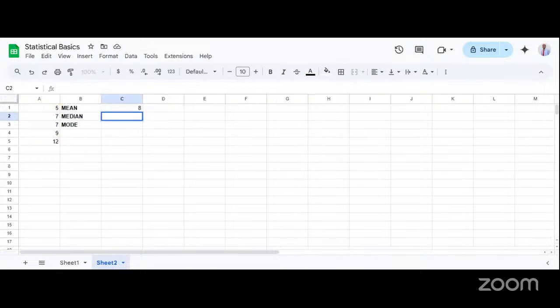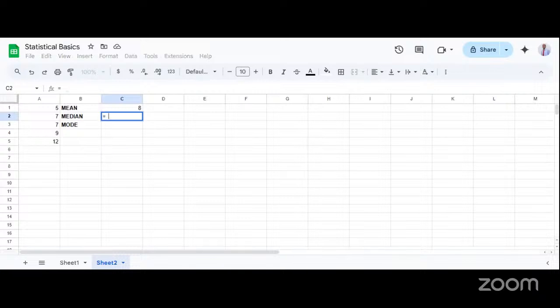You can also try this with your phone calculator, in case you want to experiment to confirm. So you sum all the values here: 5 plus 7 plus 7 plus 9 plus 12, equal to, so whatever value it gives you, then you divide it by 5: 1, 2, 3, 4, 5. You divide it by 5, you see that it is 8.